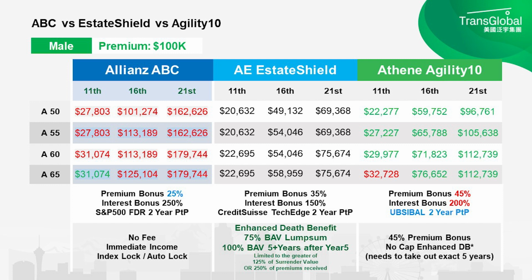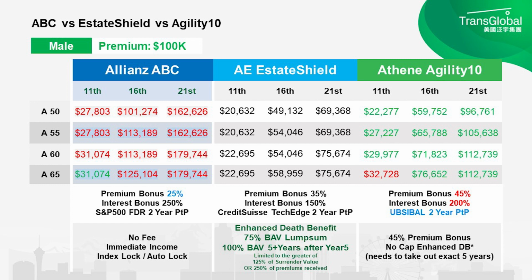Compare with the three bonuses. ABC only has 25, but it has more potential growth, so the income is higher. American Equity, 35%. I think Agility 10 with 45% bonus, okay? So you can tell, even when people come to you and tell you, oh, 51% bonus, 45% bonus, okay?